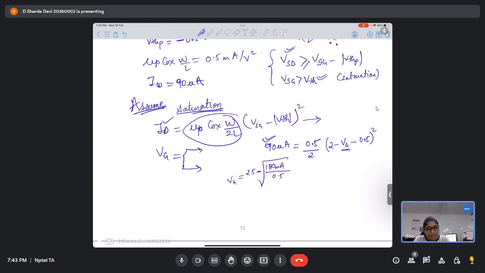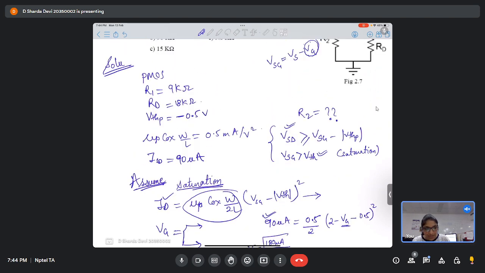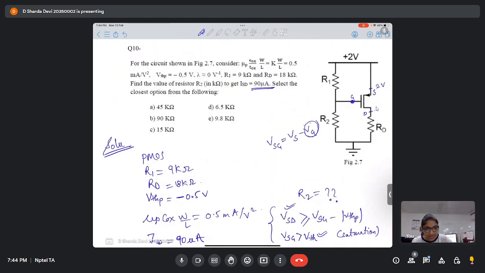Are you there, student? 16.47, ma'am. Seriously, 16.47 volts? Can Vg be more than 2 volts? Supply is 2 volts, right?